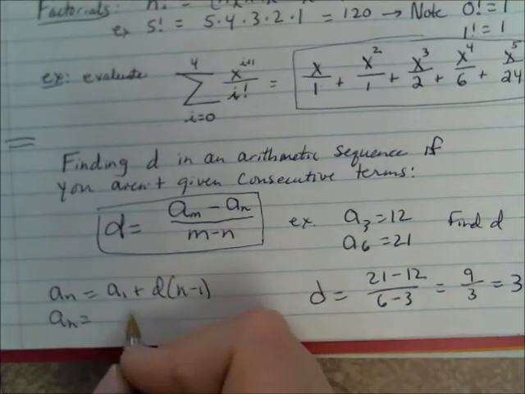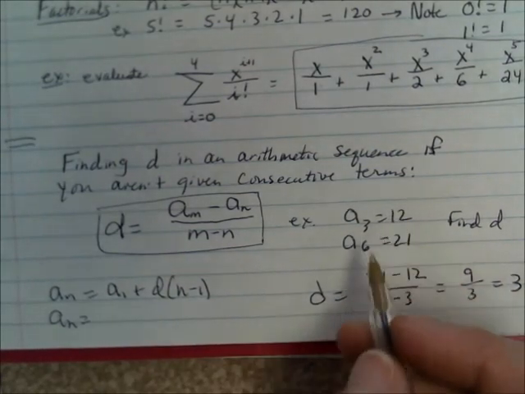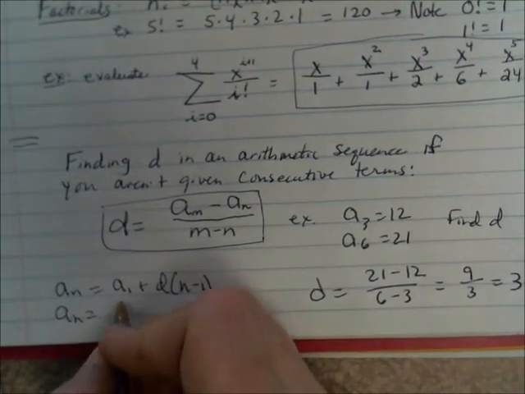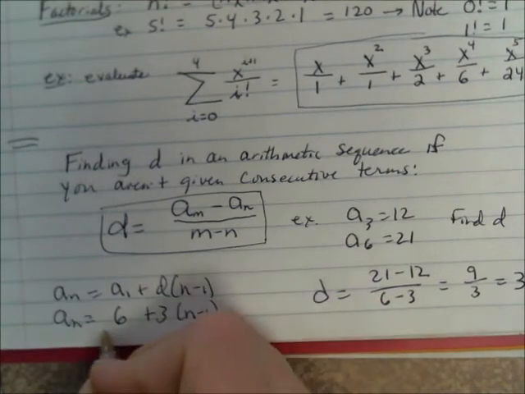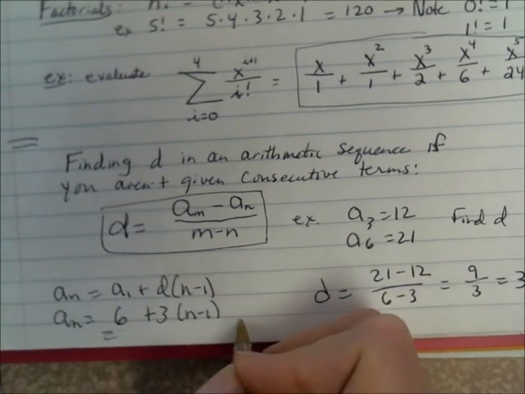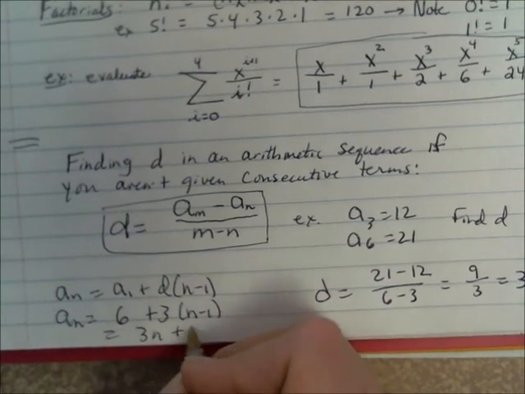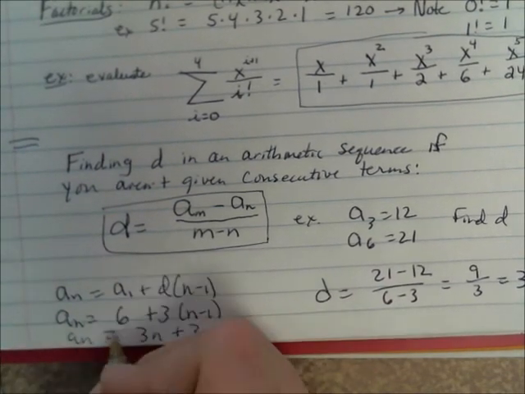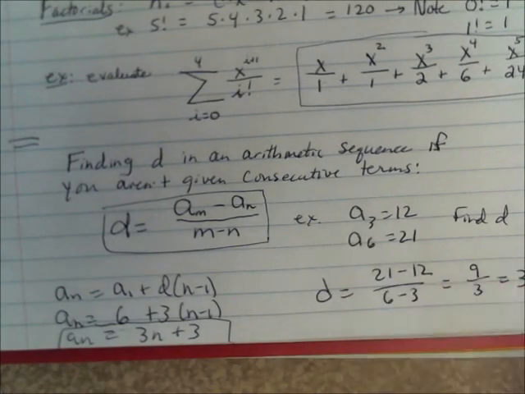Because the d value is 3, you increase by 3 to get to the next, so you can decrease by 3 and by 3 again to get down to the first term. So 6 plus 3 times n minus 1, and if you distribute the 3 and combine like terms, you get 3n plus 3 would be the formula for that sequence if I give you the third and the sixth.